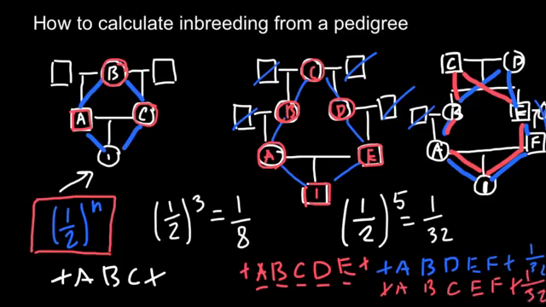But this time, because we have 2 pathways, we have to add them. So 1 over 32 plus 1 over 32, red pathway and blue pathway, would give us 1 over 16. So this is going to be our answer for the third example.